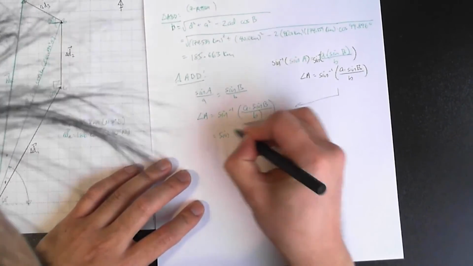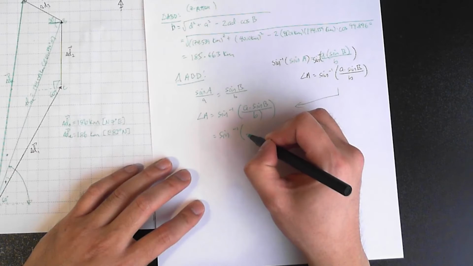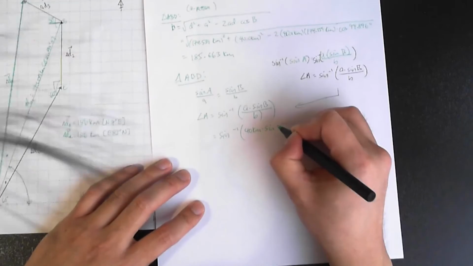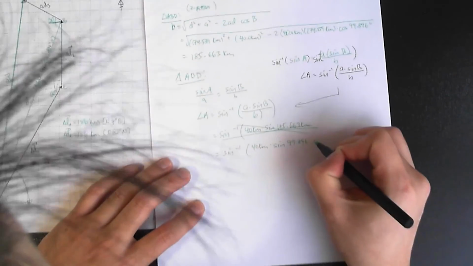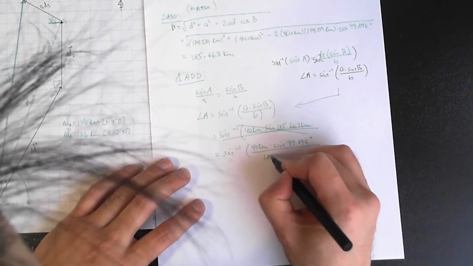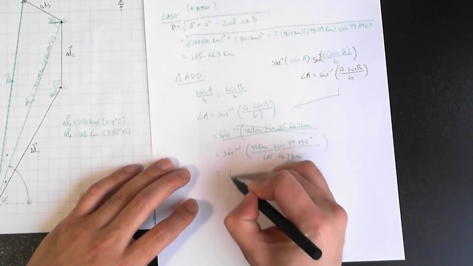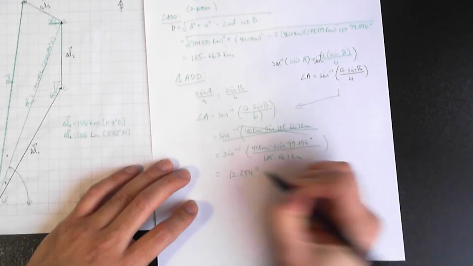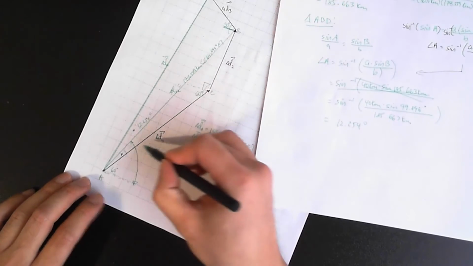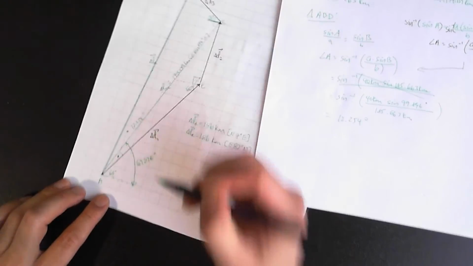We next sub in everything we know. A is equal to 40 kilometers times the sine of 99.896 degrees divided by 185.663 kilometers, and we end up with 12.254 degrees. So we have our 12.254 degrees here, plus this bigger angle of 69.896 degrees.